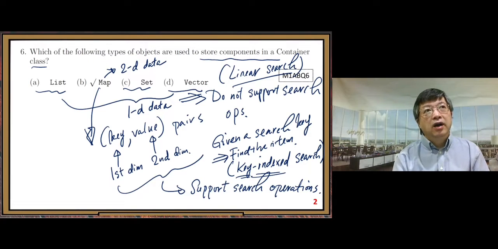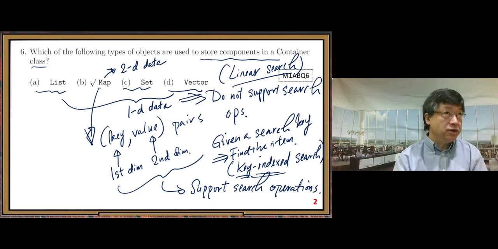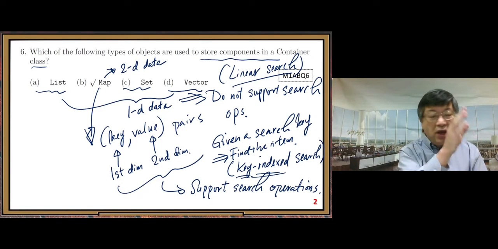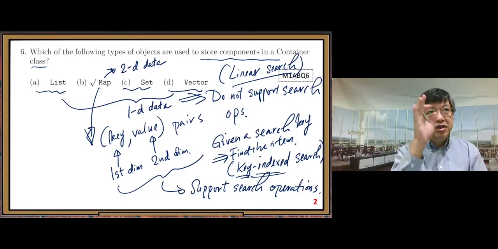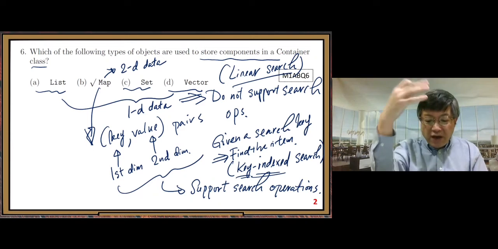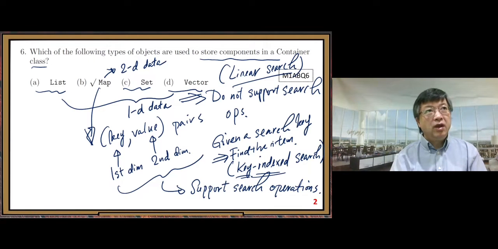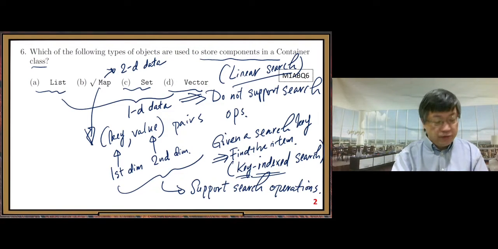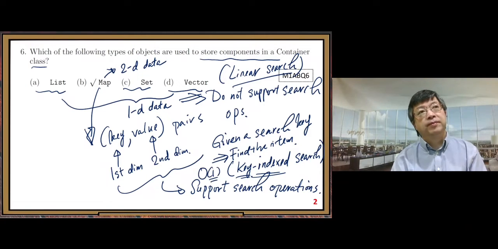A string can also be used as an index. We call it an associative array, using strings as indexes. This kind of search is much faster than linear search and faster than binary search. In algorithm language, the search performance is big O of 1, constant.